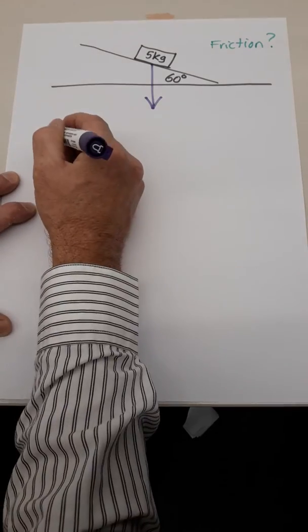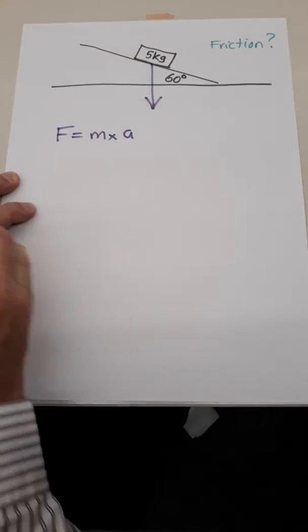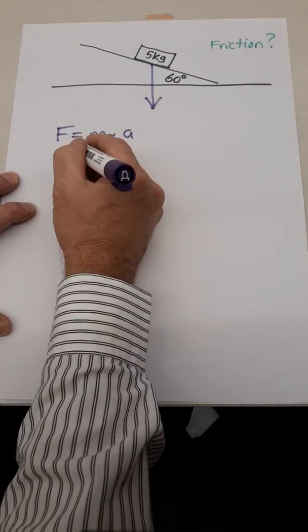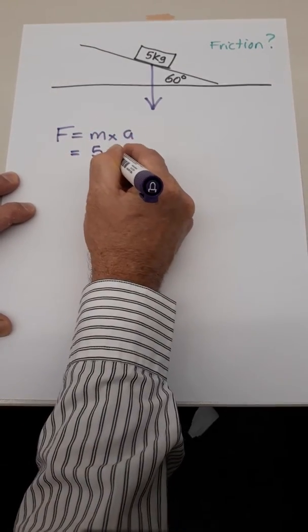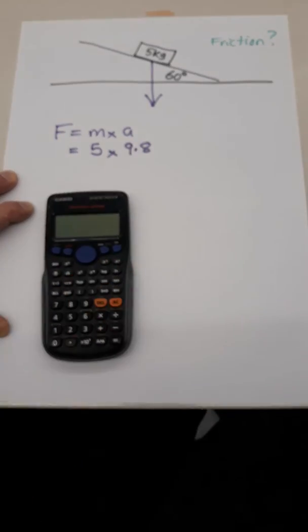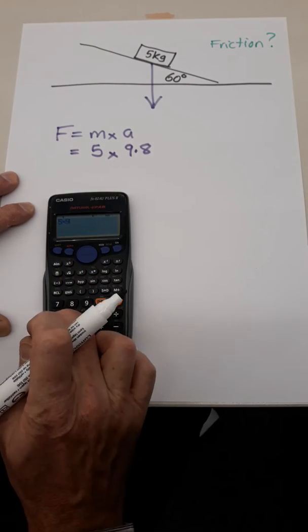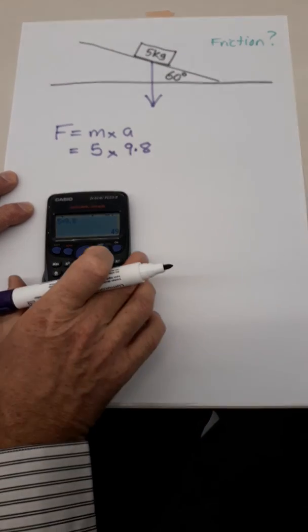I'll just explain that. We know that force equals mass times acceleration. We've got a 5 kilogram mass, and gravity is 9.8, so it's 5 times 9.8, 49.